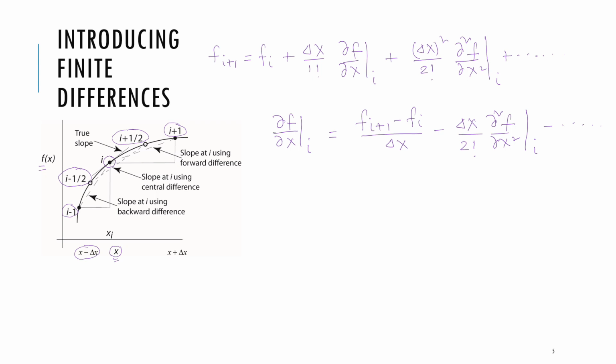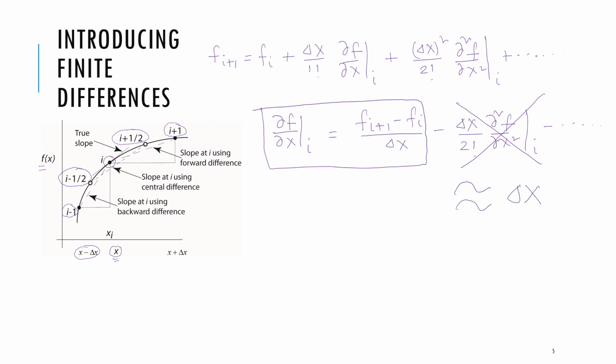Okay, now if I approximate the derivative keeping only these first two terms, then we are in effect dropping all of these terms, and the one that is the highest in magnitude would be this first one, which is of the order of delta x.